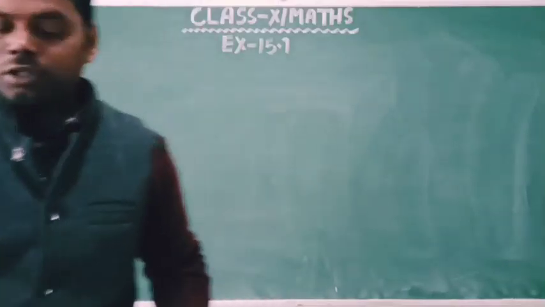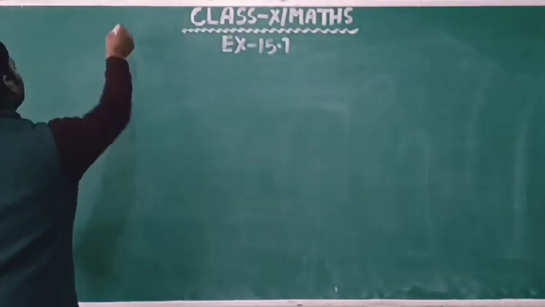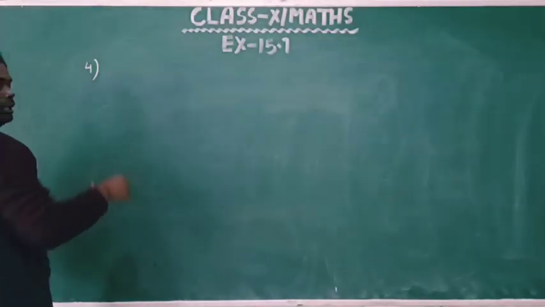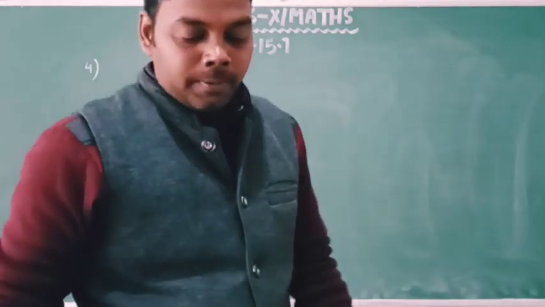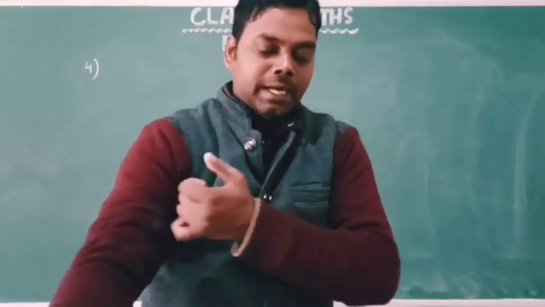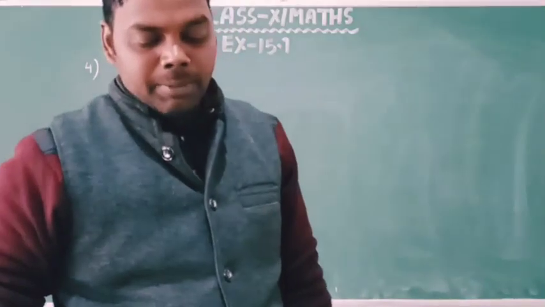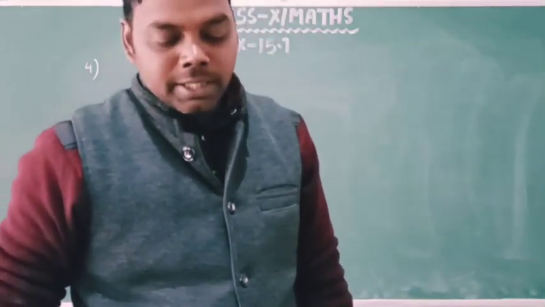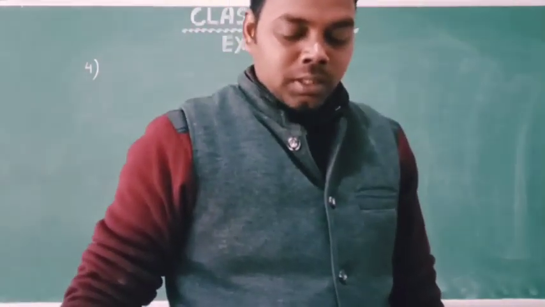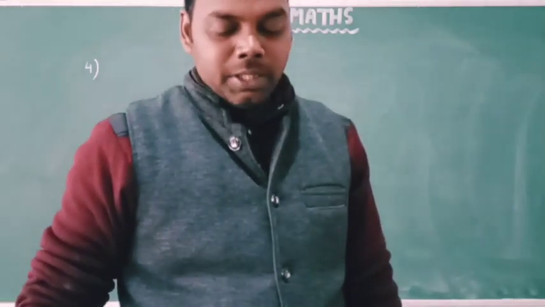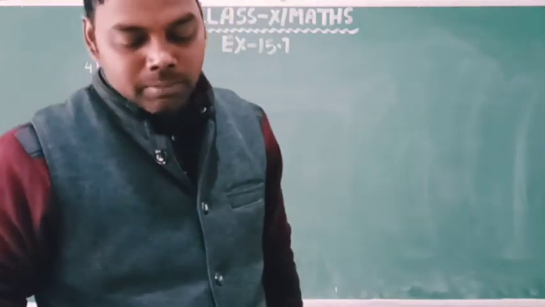Okay children, in question number 4 it has been said: a cubical block of side 7 cm is surmounted by a hemisphere. What is the greatest diameter the hemisphere can have? Find the surface area of the solid.